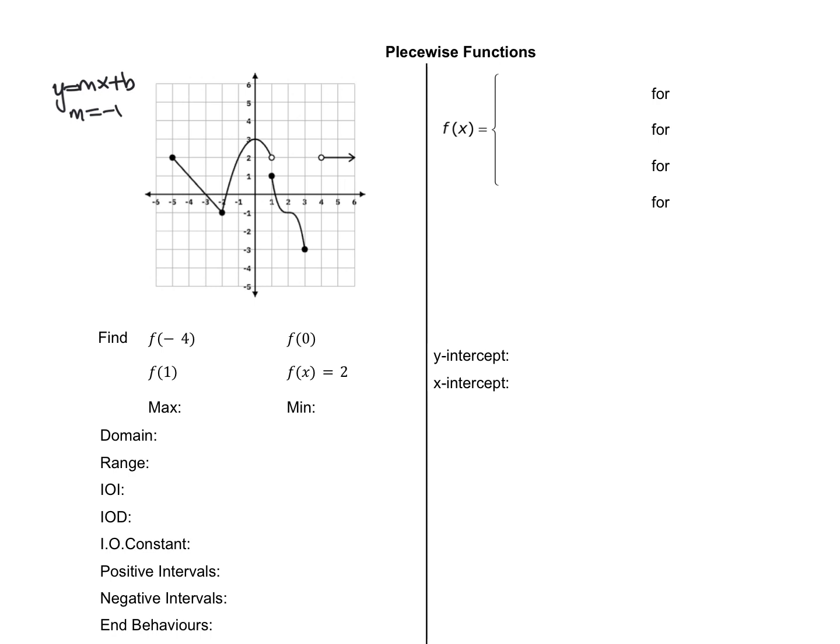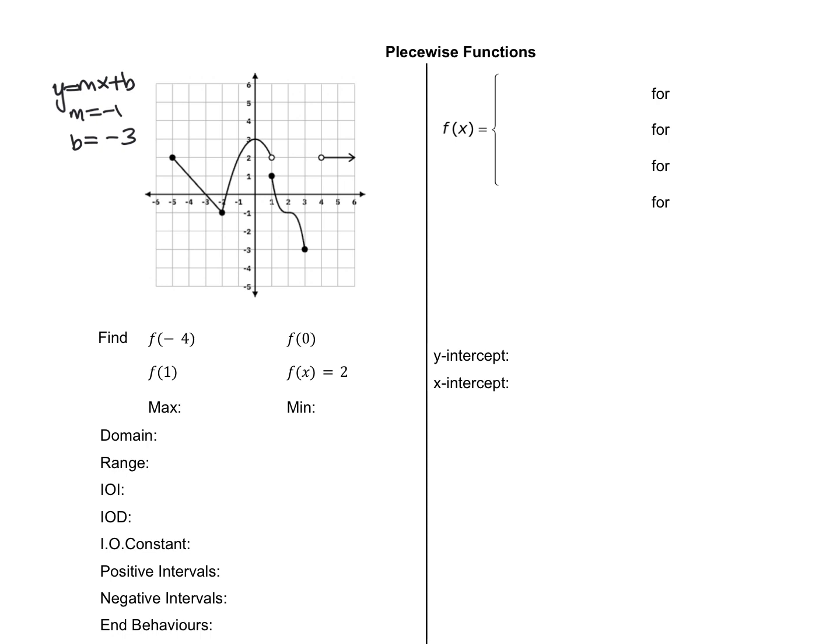Now for your y-intercept, we can just continue our line and see where it would cross. So if I were to continue, it looks like my y-intercept would be -3. Now I could also solve for my y-intercept if I wanted to, using my grade 9 skills of finding the equation of the line.